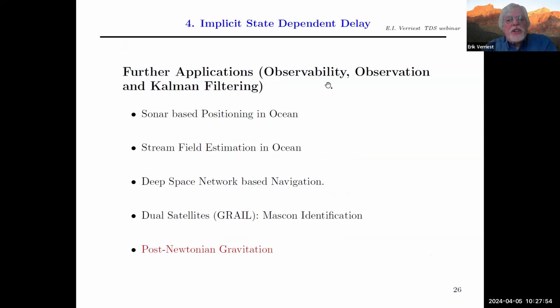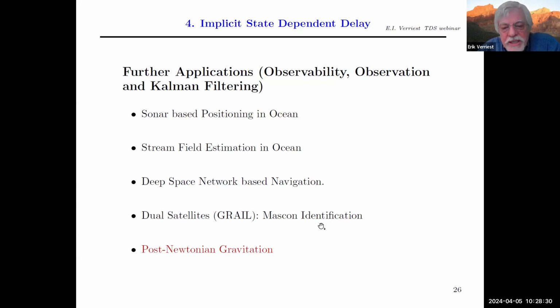Okay, so applications of this implicit state-dependent delay are, as I mentioned, sonar-based positioning in the ocean. This implies also stream field estimation in the ocean. If we don't want to work in the ocean, but want to work with electromagnetic waves, well, we need to go to a deep space network before we have reasonable delays. So also deep space network-based navigation has the same type of problem.